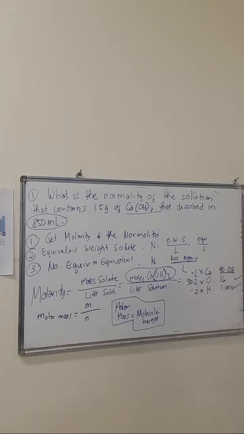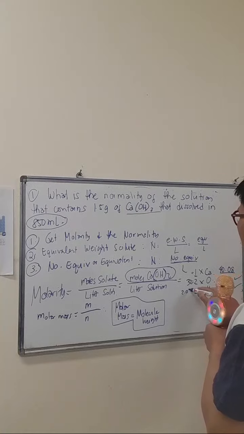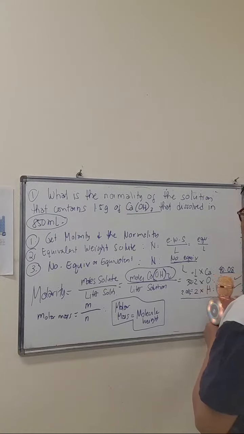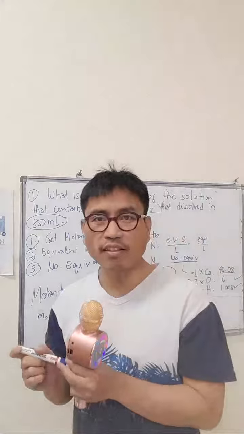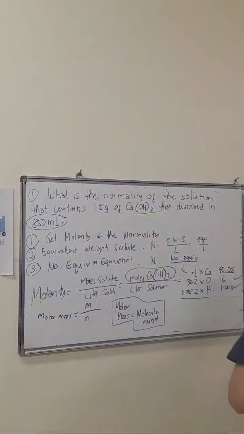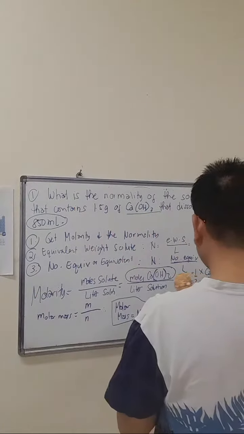Then 1.008 times 2 is for hydrogen, my dear. So 2 times 1.008 is going to be 2.016. Total this one. Then we will erase because I have no space.